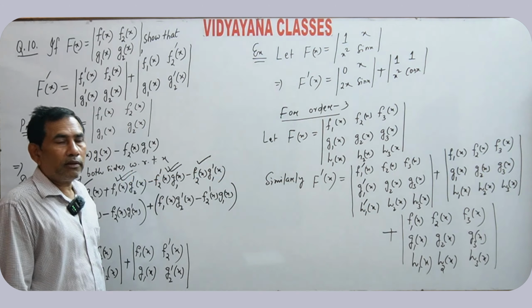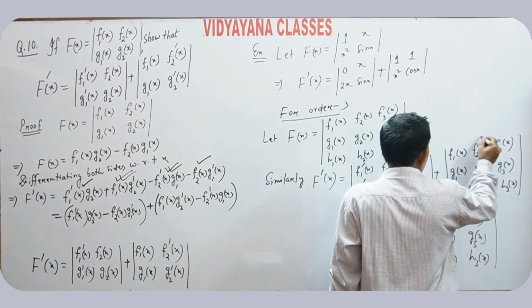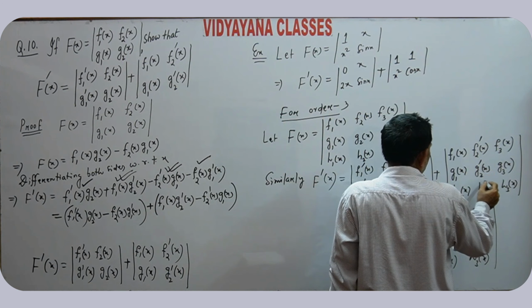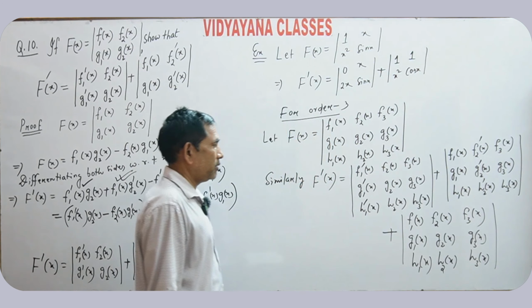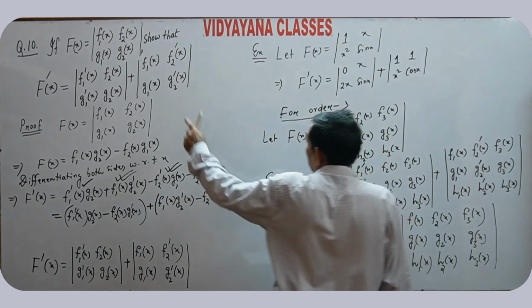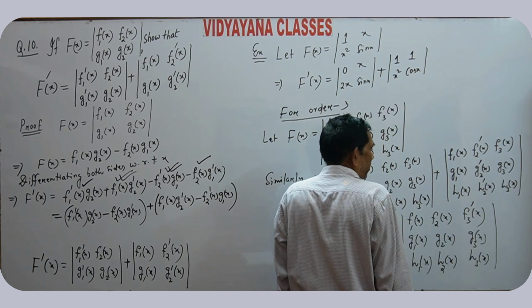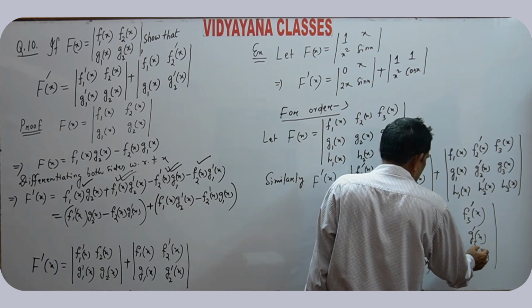Then the derivative of the second column: f2 dash x, g2 dash x, h2 dash x. Dash means derivative with respect to x. And the derivative of the elements of the third column: f3 dash x, g3 dash x and h3 dash x.